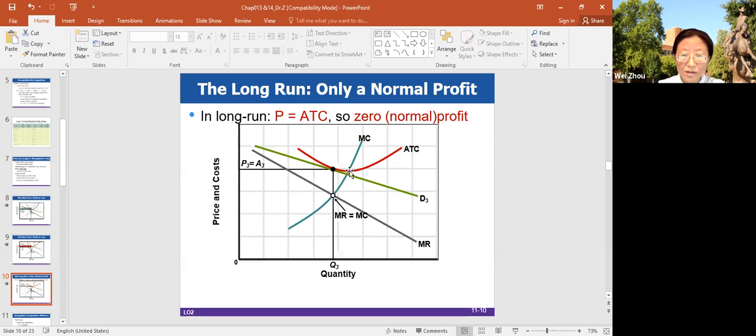Well, this is the minimum average total cost. You definitely do not produce at the minimum average total cost. So for monopolistic competition, because you have a monopoly characteristic, your price is higher than marginal cost, and you do not produce at the minimum average total cost. So you don't reach allocative efficiency, you don't reach productive efficiency.